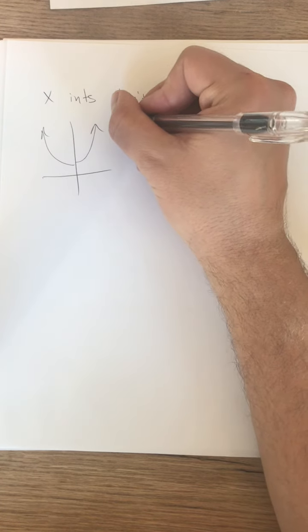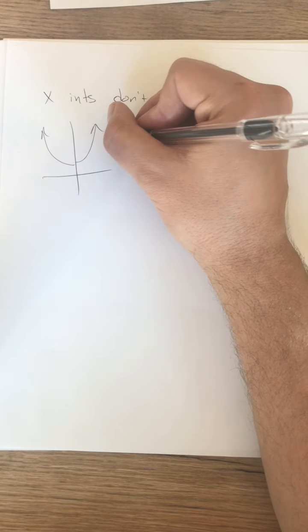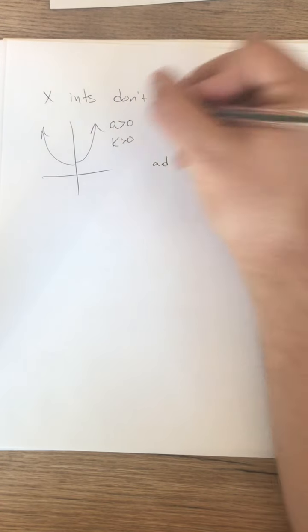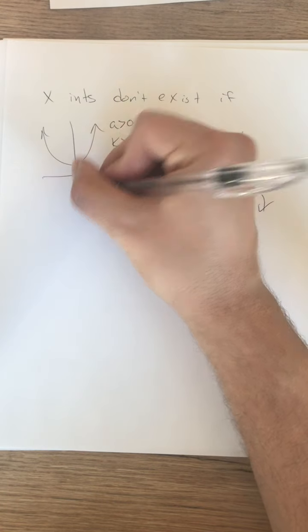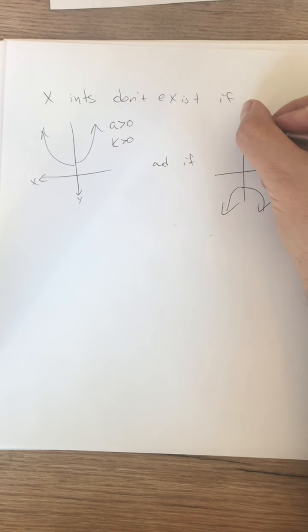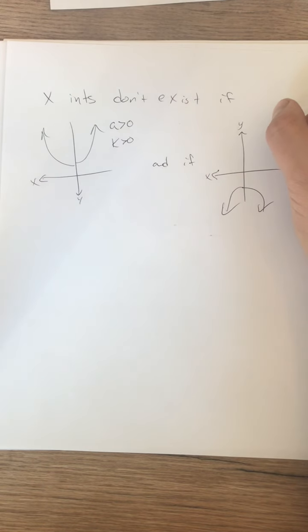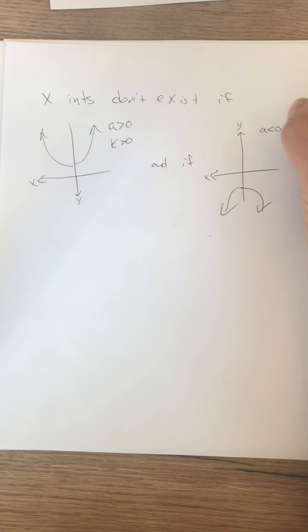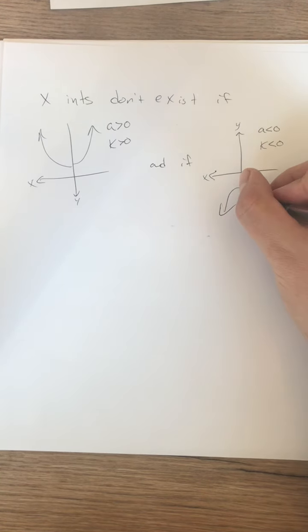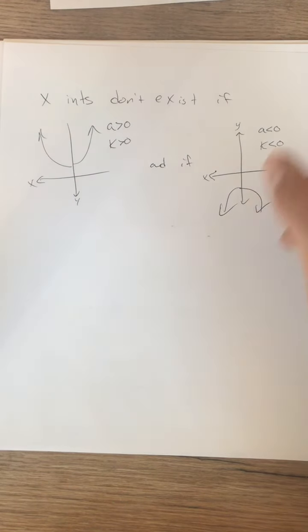So this would be a positive parabola, so leading coefficient is positive, and the vertex is above the x-axis. And over here, we would have a downward facing parabola, and the vertex is below the x-axis.